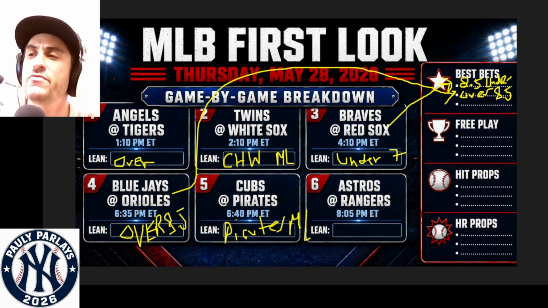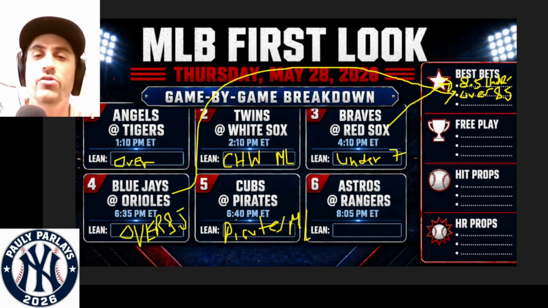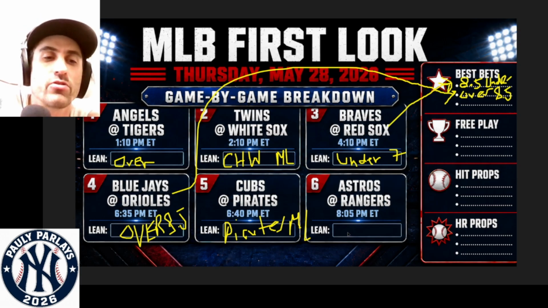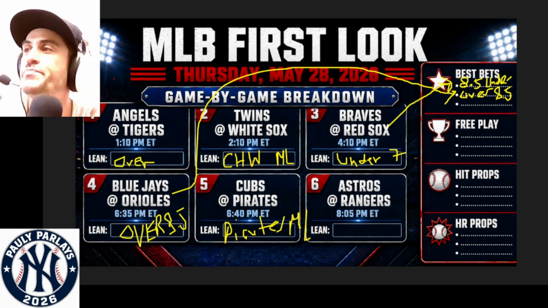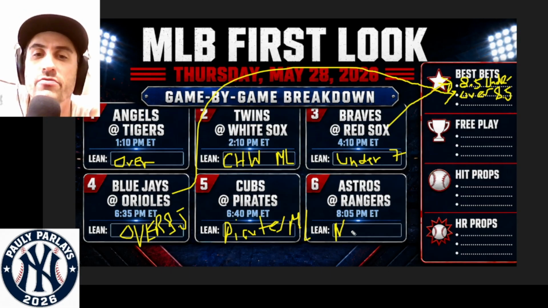With a 7.5 line, I don't mind a plus 1.5 spot on the Rangers, but I'm gonna go with a good old no bet. I'll let you guys take care of that one. Also, it's in a later time slot, so I'll let you guys figure that one out yourselves.